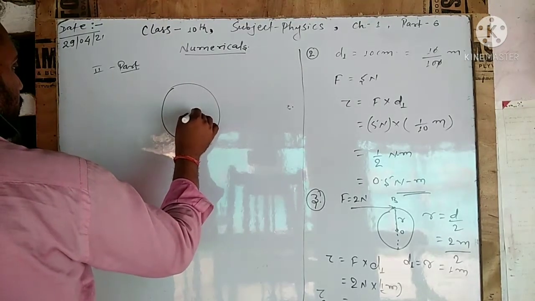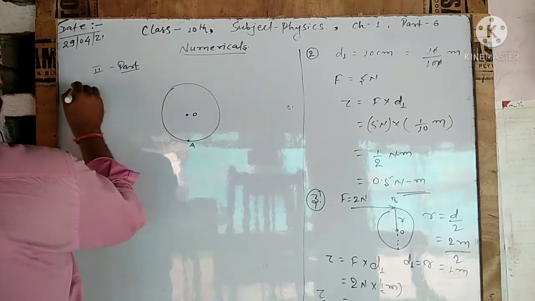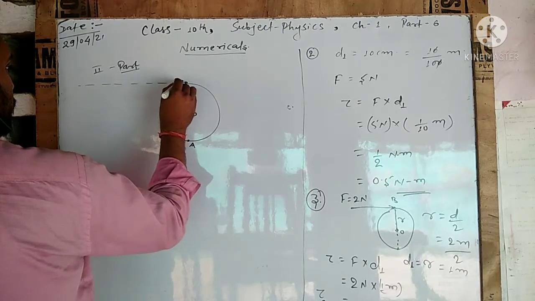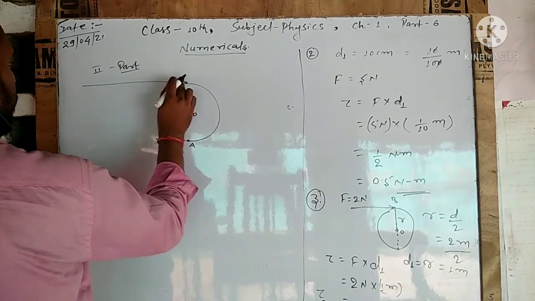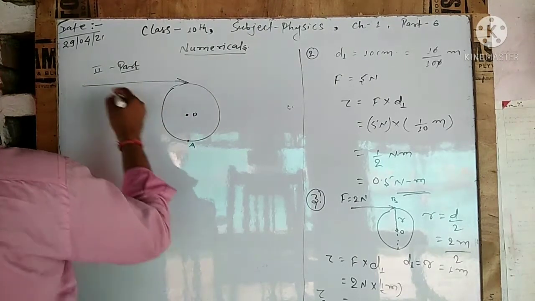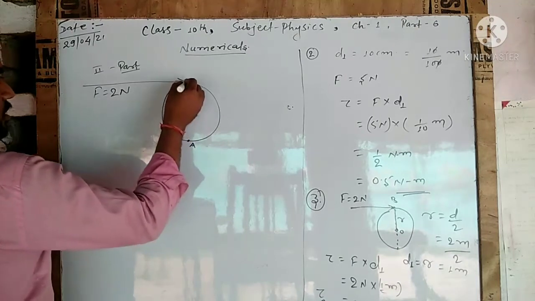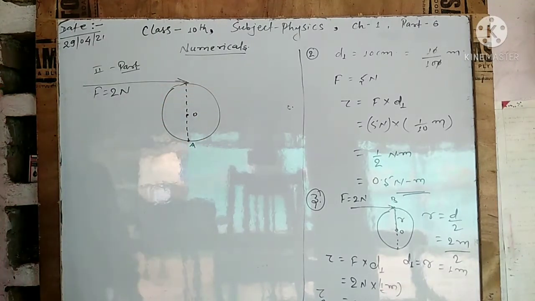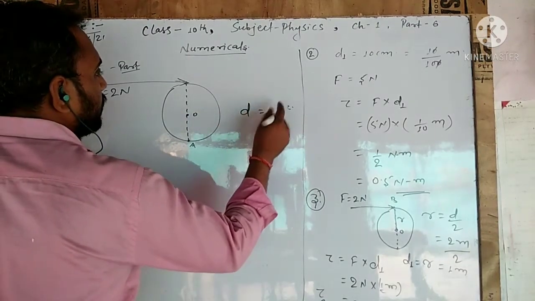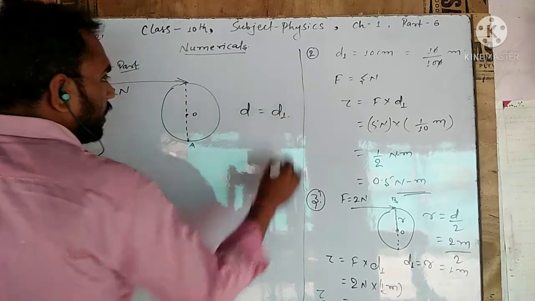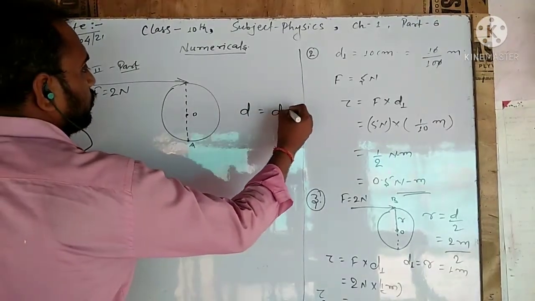Here is the pivoted point, and it is asking about point A. Let's say the whole body will rotate with the axis at A. There is a force of 2 Newton. Now the pivot point is shifted to A, so the perpendicular distance will be the diameter. The diameter becomes the perpendicular distance as we have shifted the axis of rotation, so this is equal to 2 meter.